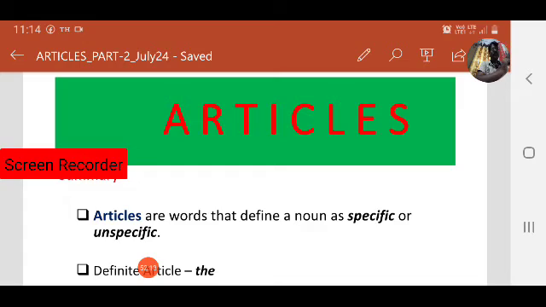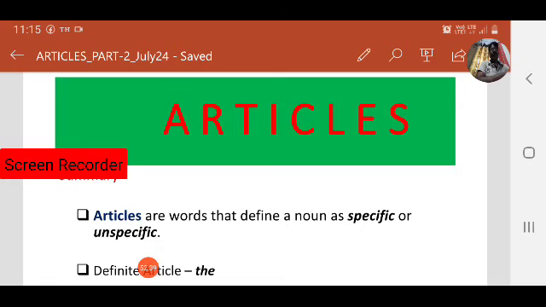In the last session we discussed the indefinite article a or an, where it is used and where it is not used. Today's class we focused entirely on the definite article, that is the. The is called the definite article. We have seen different rules where we have to use the definite article and where we need not.